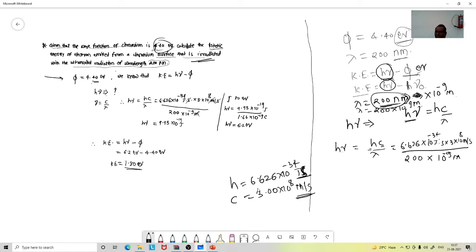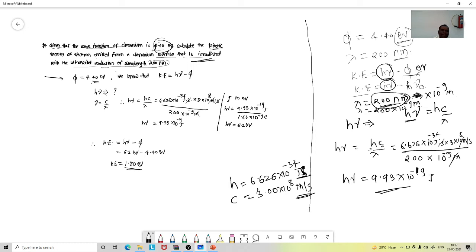This meter will get cancelled. This is per second and this second will get cancelled. The value comes out to be in the joule, that is h nu is equal to 9.93 into 10 raised to minus 19 joule.